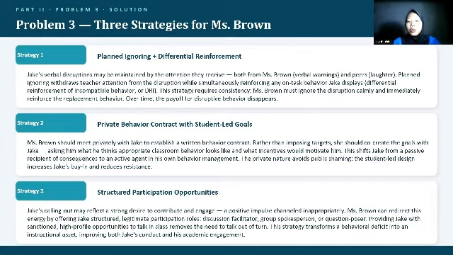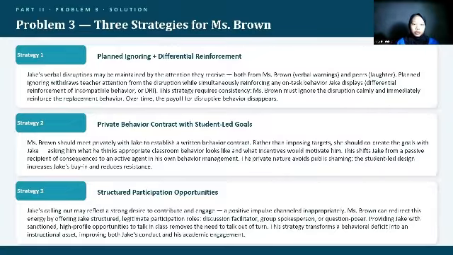This strategy requires consistency. Miss Brown must ignore the disruption calmly and immediately reinforce the replacement behavior. Over time, the payoff for disruptive behavior disappears.